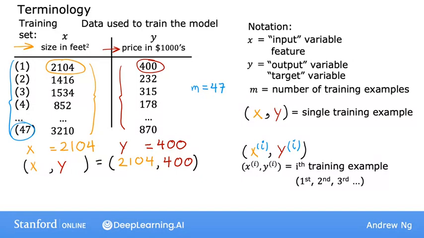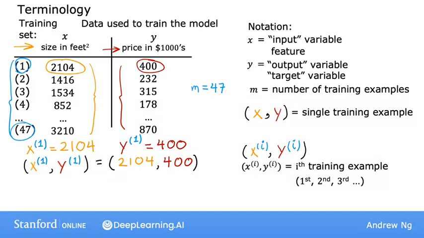So, for instance, here is the first example, when i equals 1, in the training set. And so x superscript 1 is equal to 2,104, and y superscript 1 is equal to 400. And let's add the superscript 1 here as well.